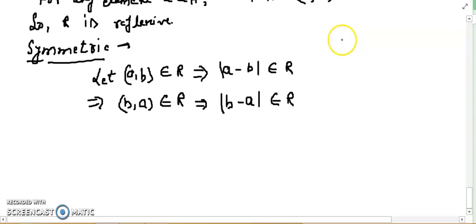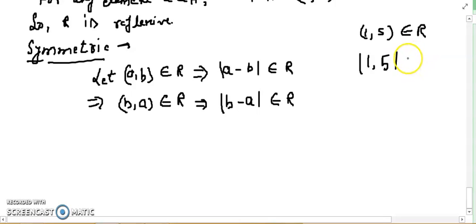You can check any number, like if I am taking the ordered pair (1, 5). This (1, 5) belongs to the relation. Now write the reverse of it, (5, 1). You can check that (5, 1) also belongs to the relation. Why do we take this (1, 5)?